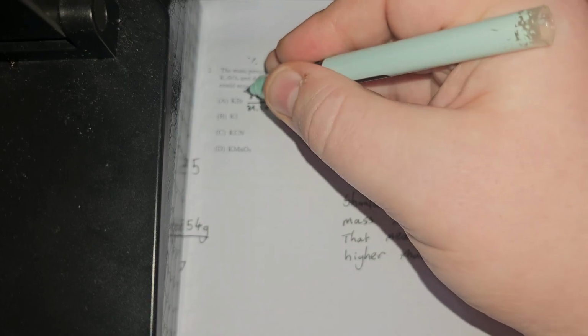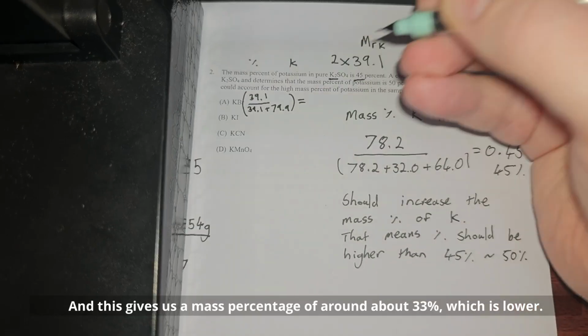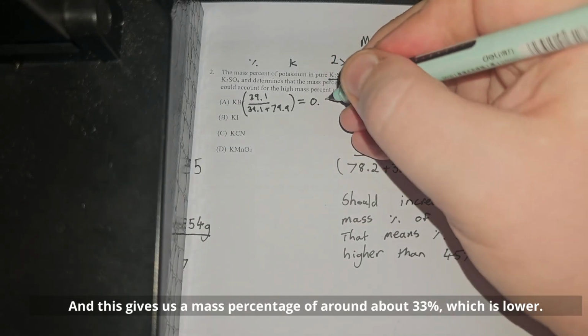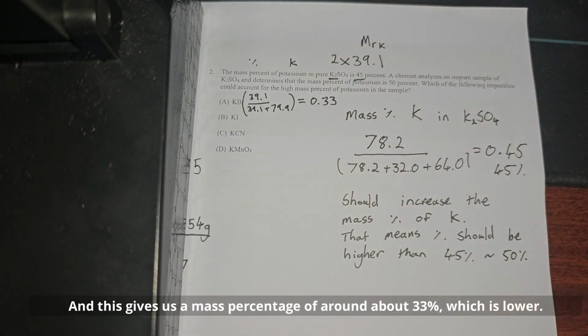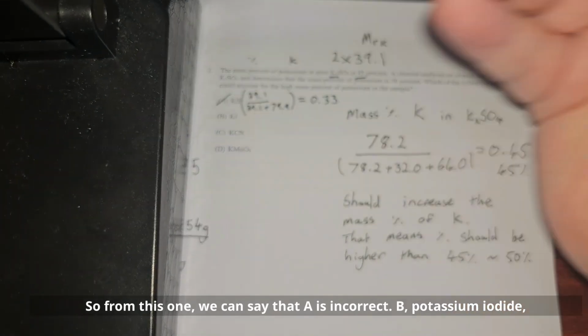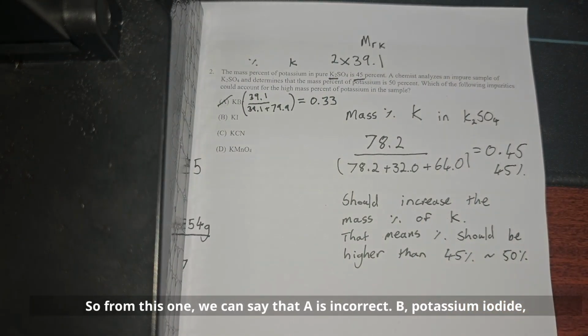And this gives us a mass percentage of around about 33%, which is lower. So from this one we can say that A is incorrect.